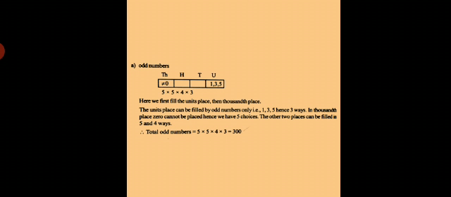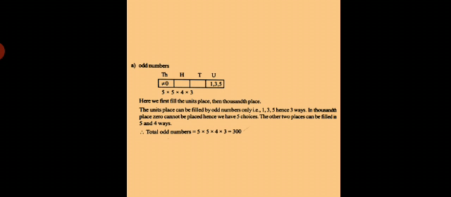Whatever I have explained is the same thing written here. The units place can be filled by odd digits only, that is 1, 3, 5. Hence 3 ways. In the thousands place, 0 cannot be placed, hence we have 5 choices, excluding 0.